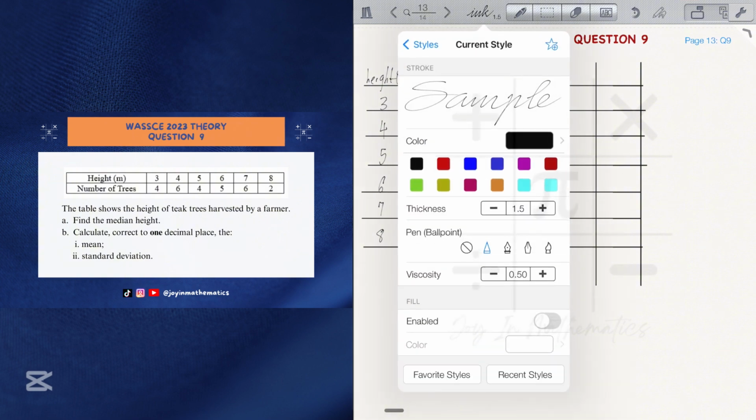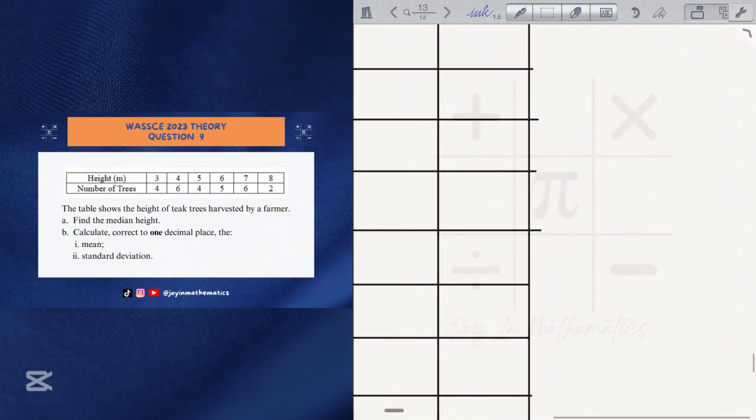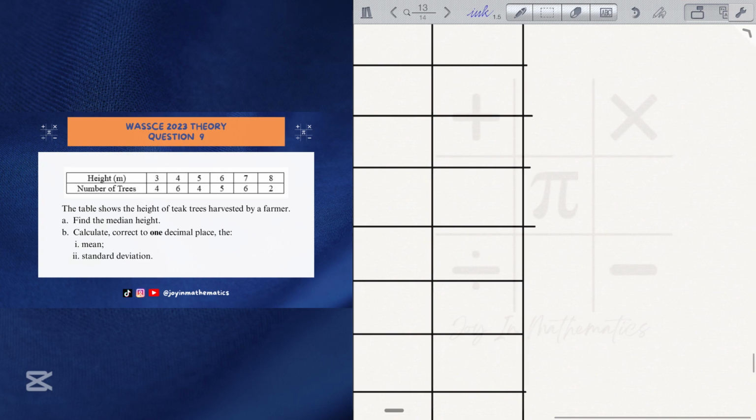So let's write all the formulas we will need on the right hand side. The median is given by 1/2 (n plus 1) position, where n will be given as the summation of f.